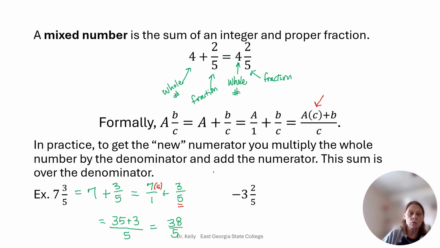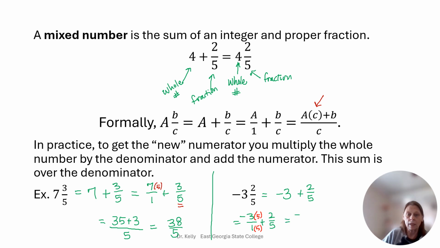Okay, and don't let the negative sign mess you up. This just means that the answer is going to be negative. So this is equal to -3 plus 2/5. That's -3 over 1 plus 2 over 5, and just like the other one, because our bottom is 5, this one doesn't have a 5 on the bottom, so top and bottom need to be multiplied by 5.